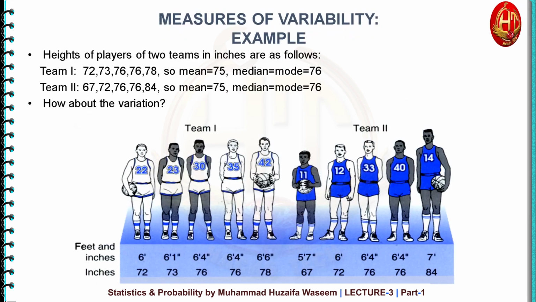Example of variability. Suppose that you have to compare two data sets, two teams. Heights of players of two teams in inches are as follows: team 1 and team 2. You can see that team 1 and team 2 have the same mean, the same median and the same mode. So how are you going to compare them?